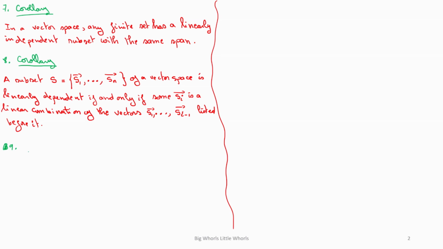That is basically the opposite of a linearly independent set. So 9, let's finish this lecture with the following lemma. The lemma says any subset of a linearly independent set is also linearly independent. Wonderful.